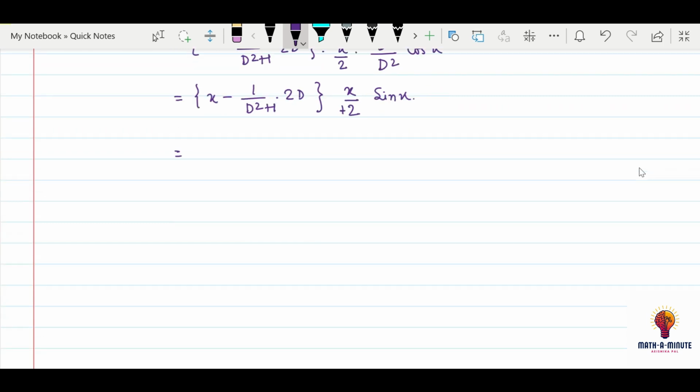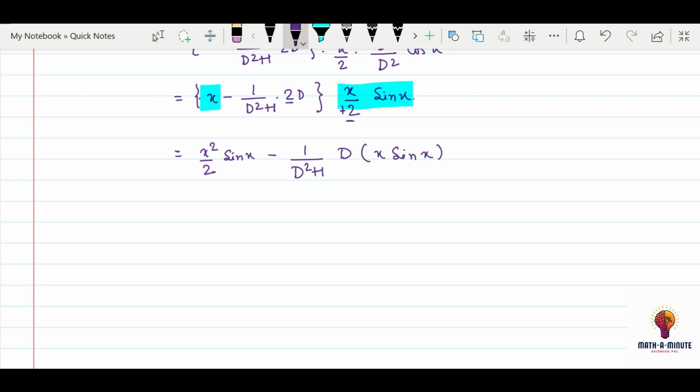In the next step we can write x square by 2, because if we multiply this with x by 2 sin x, it will be x square by 2 sin x. Minus, this 2 will be cancelled out with this 2. So ultimately it will be 1 by D square plus 1 D of x sin x.